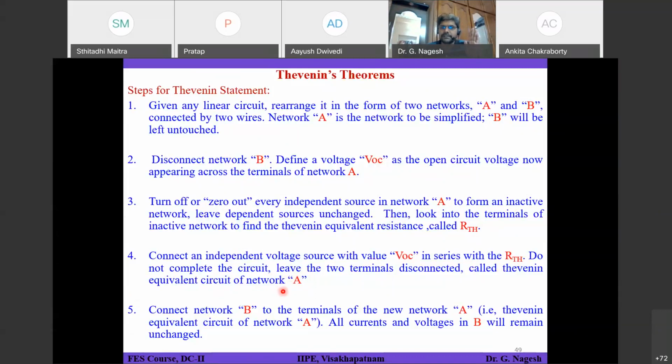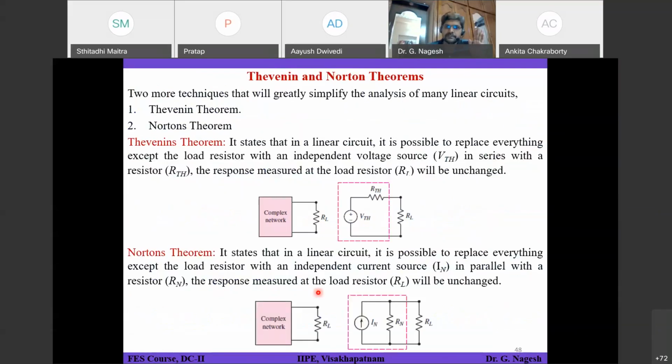Okay, so that means this is the same thing, right? If you have a complex network, you have to disconnect this load resistance. Across the open circuit terminals, you denote a variable which is called VOC. Once it is open circuited, find out that VOC, the independent voltage source.